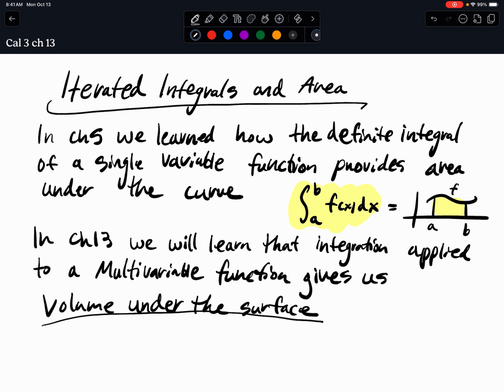Volume under the surface versus area under the curve.